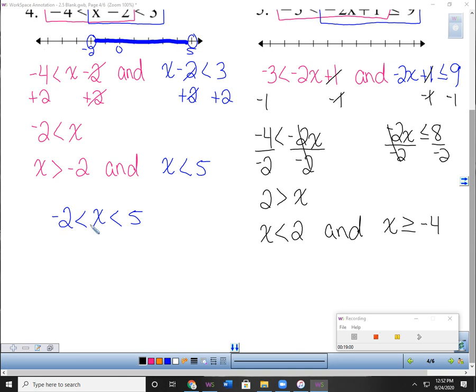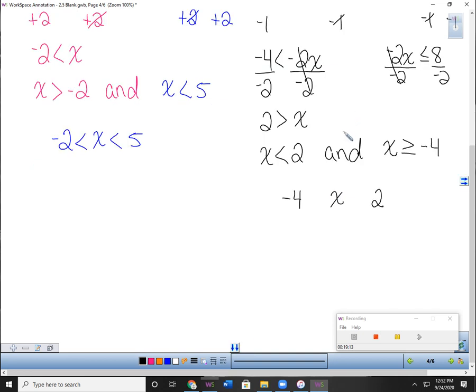We're going to write it like this. So I look and I say, okay, negative 4 is the smallest, 2 is the biggest, and x goes in the middle. So if you look at the side with the 2, you should be pointing at the x. I'm pointing at the x. On the side with the negative 4, I should be pointing at the negative 4, which makes sense because they should go this direction.